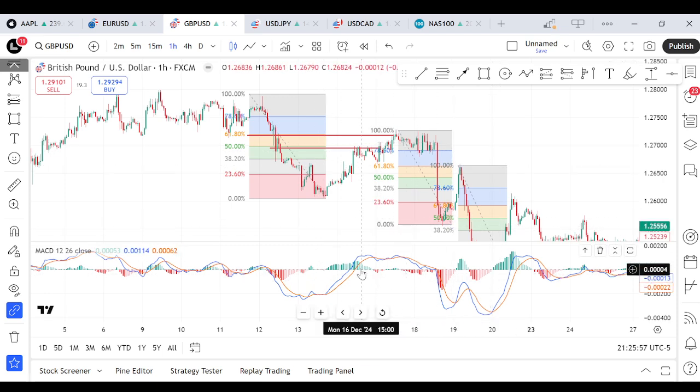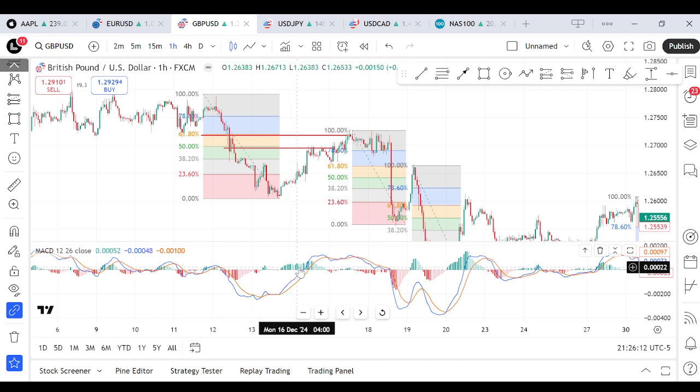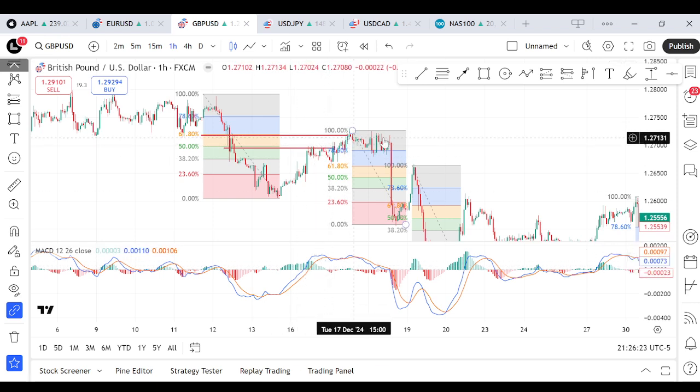And looking at this, we don't have a direct indication to sell, because the MACD is still above the 0 level, and we also have green histogram bars right here showing us a buy signal. So we shouldn't be looking to sell.